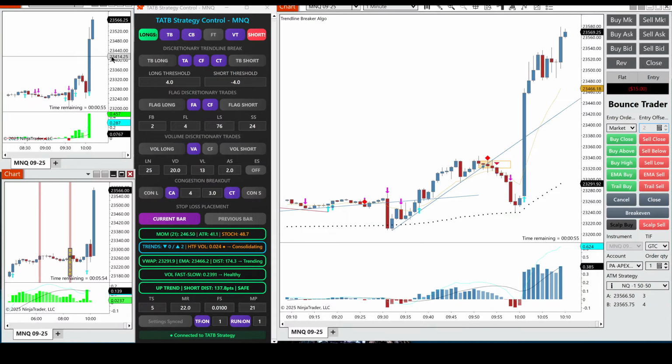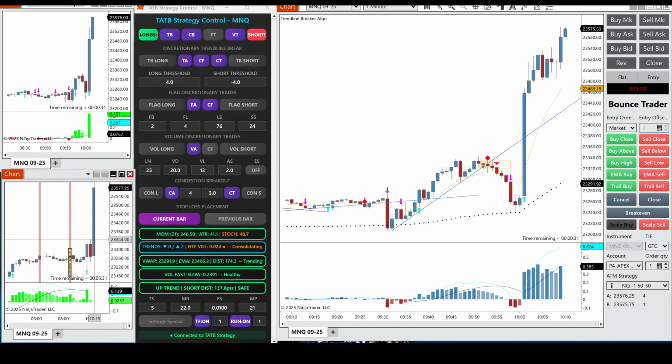How I use that: if on higher time frame we have these arrows, that means I want to start looking at long signals on the primary chart.